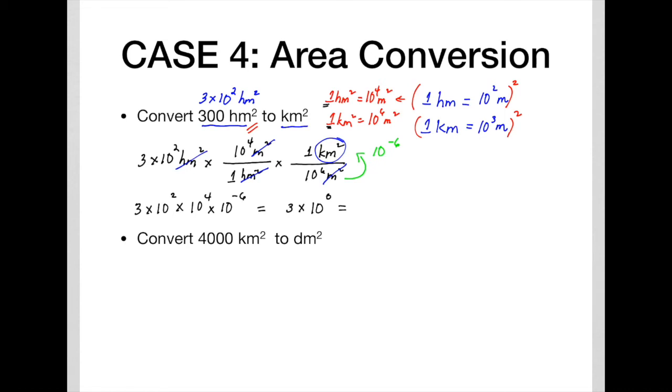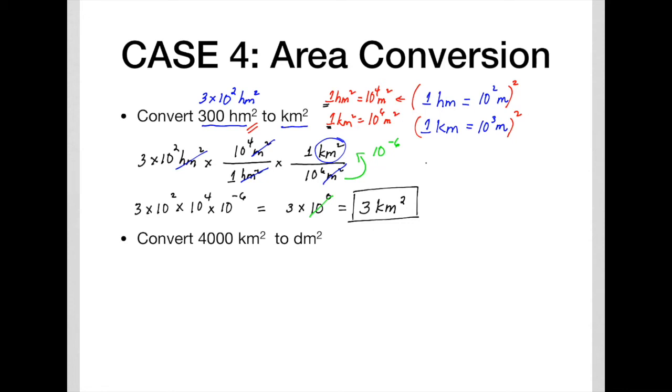And so our final answer would be 3. By the way, anything that is raised to 0 is equivalent to 1. That would become 3 times 1, and that is 3. And the unit is 3 kilometer square. And then, let me box my final answer. You may want to pause the video for you to try the second item.